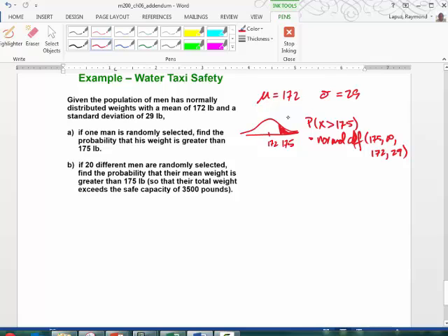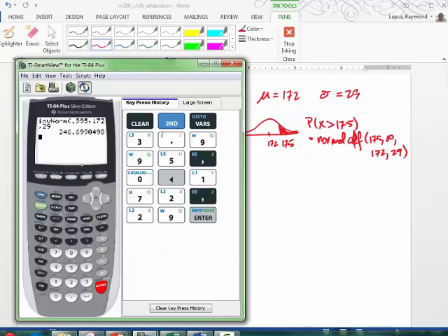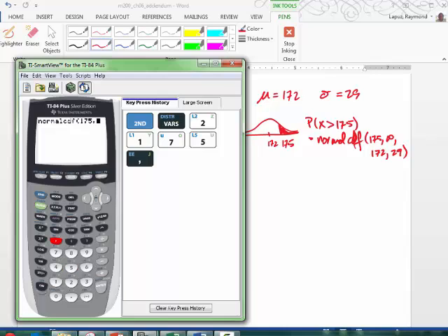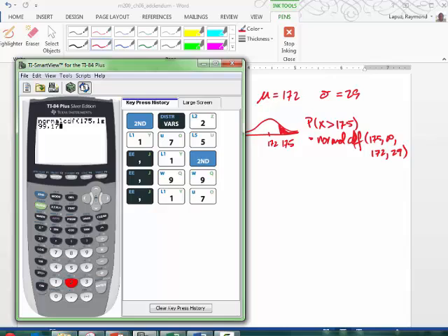Now let's see if we can pull out our calculator and just do this calculation. So second function vars, normal CDF, and we have 175, comma, and then we have infinity, which is 1 e to the 99, and then the mean is 172 and the standard deviation is 29.